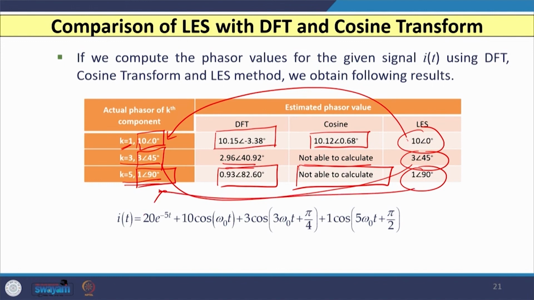So, you can definitely say that whenever we wish to calculate the phasor value for the fundamental or third or any other harmonics including the DC term, the LES algorithm performs better compared to the DFT algorithm and cosine transform algorithm.